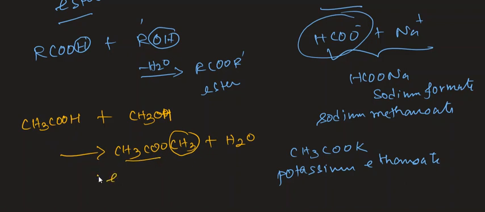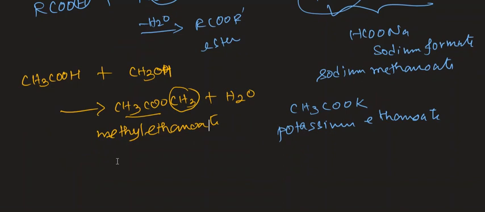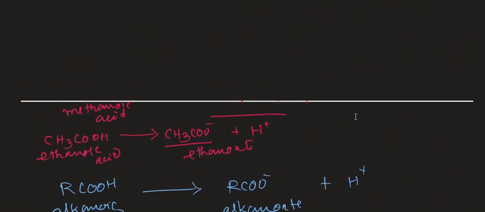Are you able to understand this? Methyl ethanoate. So this is the ester. You should be able to write down the structure as well as the IUPAC name of this ester. And what is the common name for this? Methyl acetate. That is the common name. Understand? Right. So let us go back here.